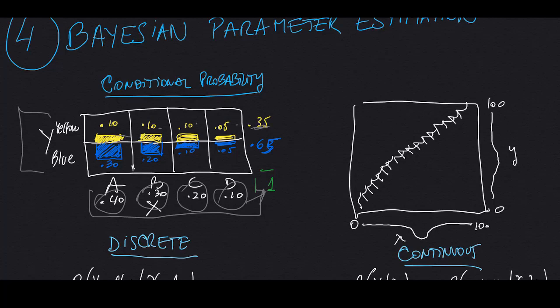If you add all the blues, 0.3 plus 0.2 plus 0.1 plus 0.05, that's 0.65. And 0.35 and 0.65 must add to 1. And if we add the 8 internal values, it also adds to 1.